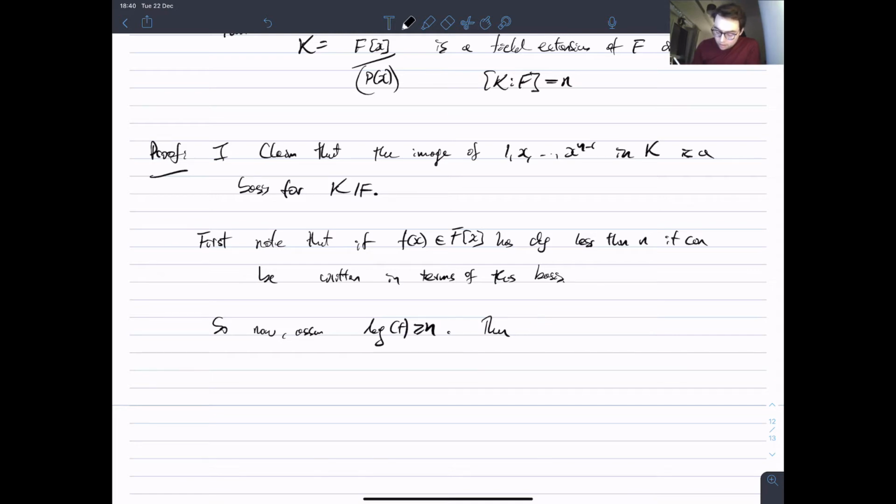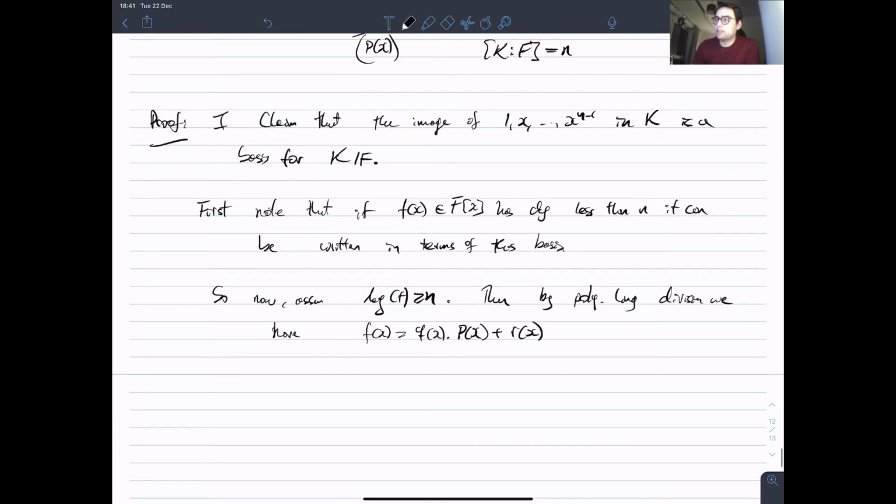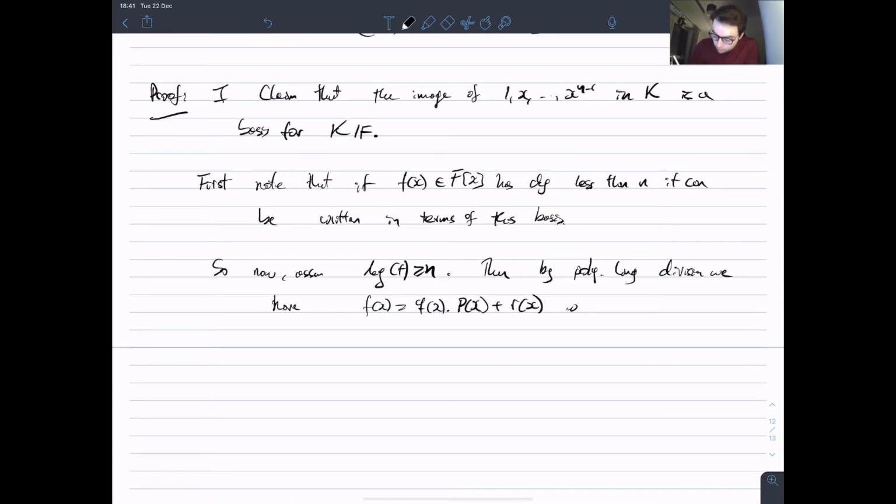So by polynomial long division, we can write f(x) as some q(x) times p(x), the polynomial that I'm using to quotient out my ring, plus r(x), by definition of this being a Euclidean domain, with the degree of r strictly less than n.